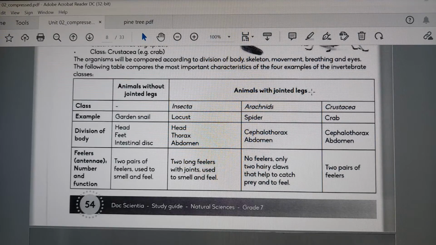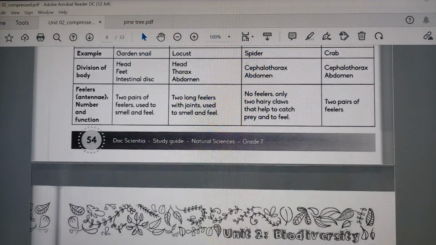And for the spider, now under arachnids, the body is divided into cephalothorax and the abdomen. It doesn't have feelers, only two hairy claws that help to catch prey and to feel.